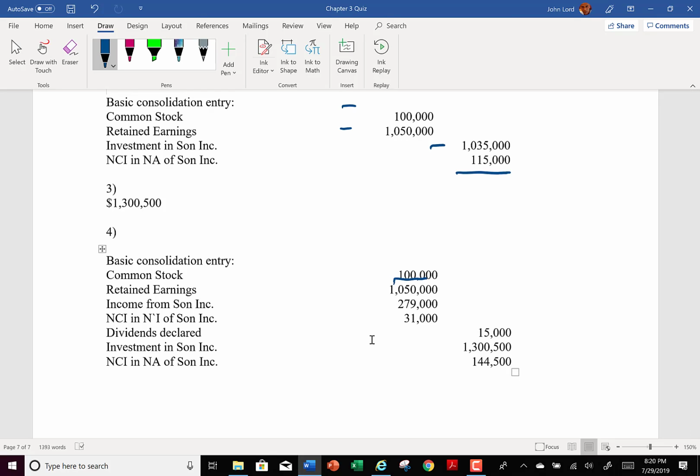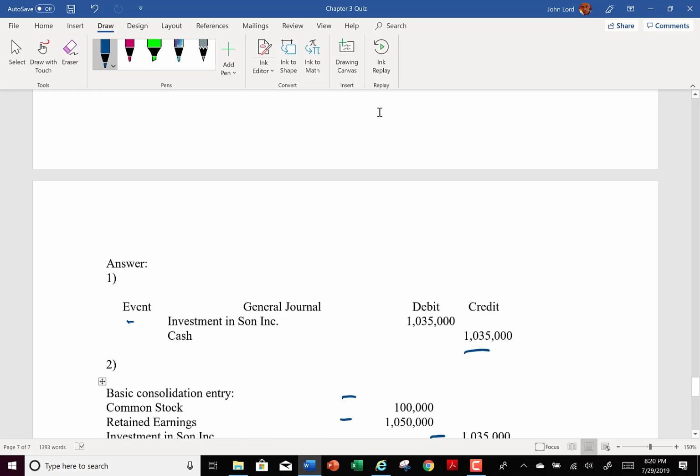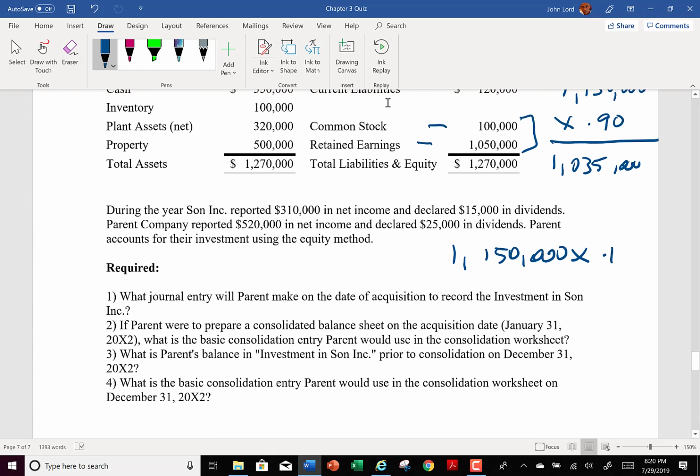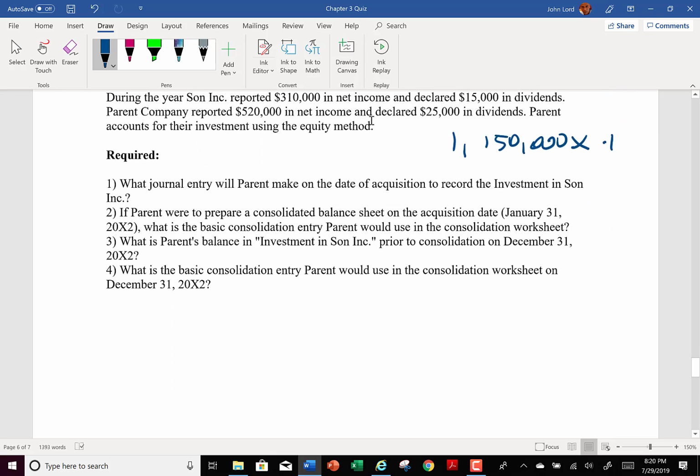I'll get rid of the beginning retained earnings, which was 1,050, so I get rid of that.